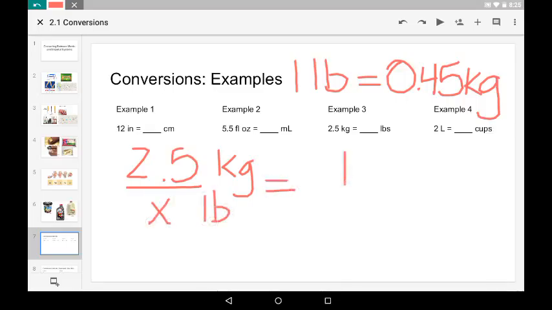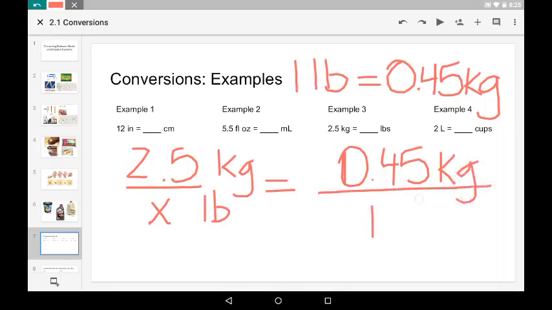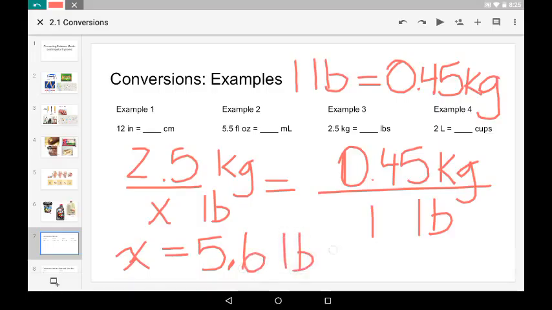Make sure kilograms is on the top, 0.45 kg over 1 pound. Solve by cross multiplying: 2.5 times 1 divided by 0.45. When you put that into your calculator, it is approximately equal to 5.6 pounds.